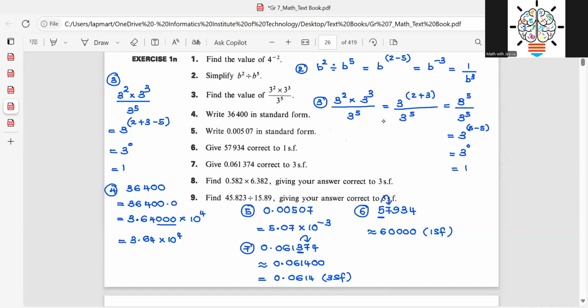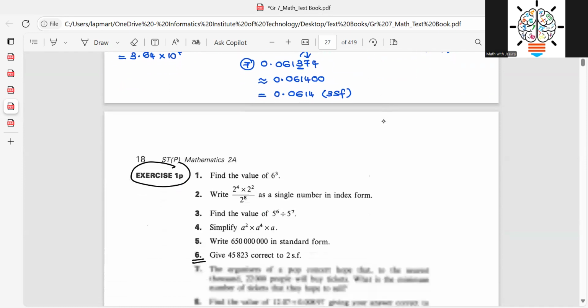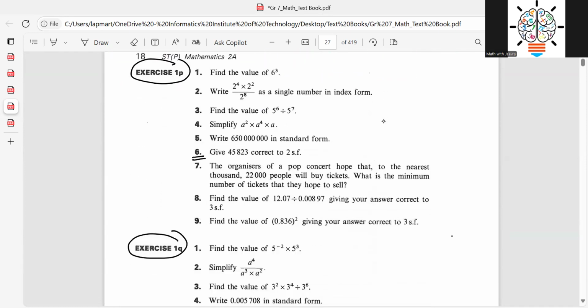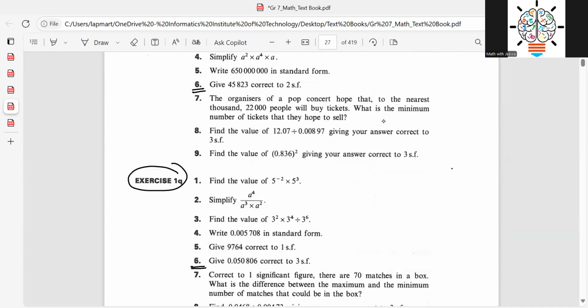So according to my plan, Wednesday we will discuss exercise 1P, and Thursday we will discuss 1Q. And Friday, I'll do something different: I'll explain the next topic we want to do. I don't tell you that it is Unit 2. According to your scheme of work, it is not Unit 2. It is something else.